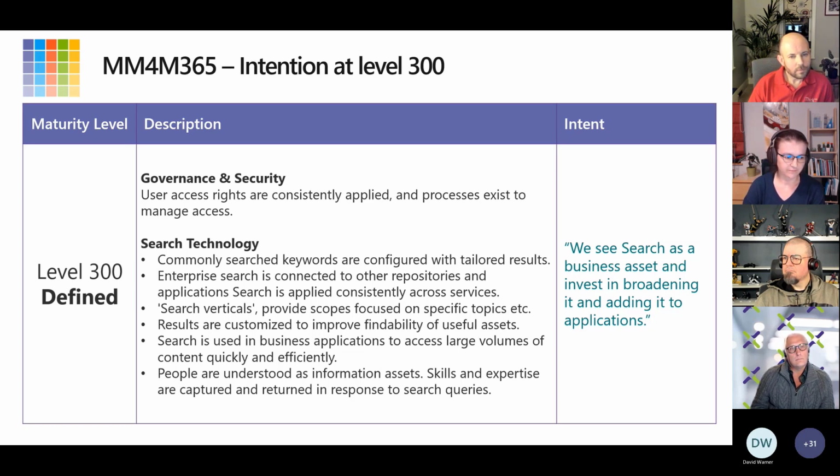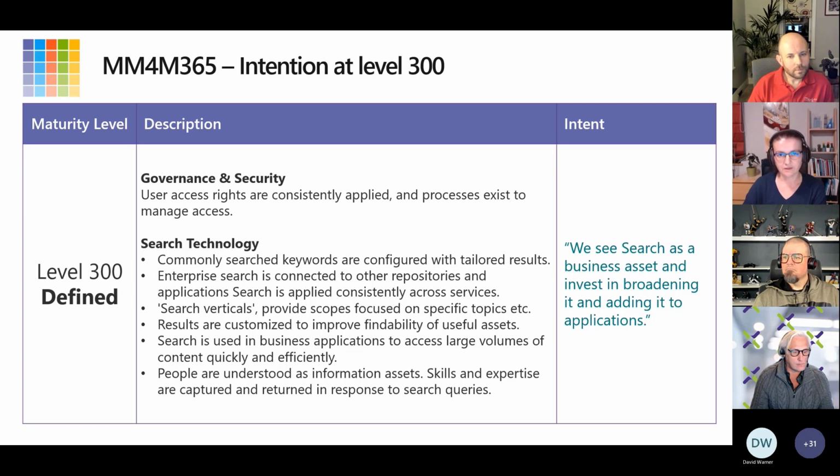And yes, people are also important. As soon as the skills and expertise are captured, then we have two important benefits in this stage on top of good content or better content findability.